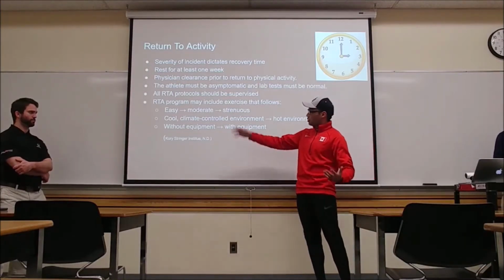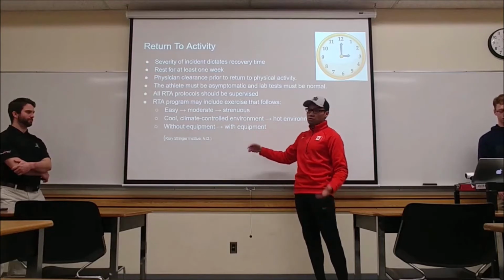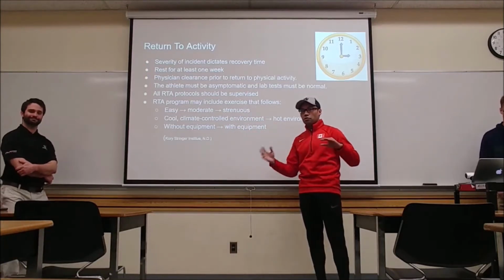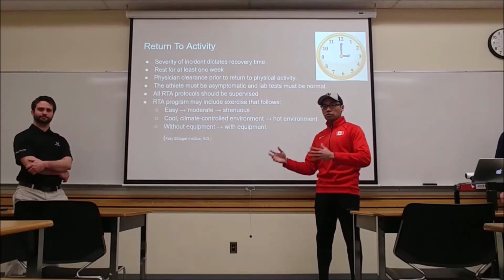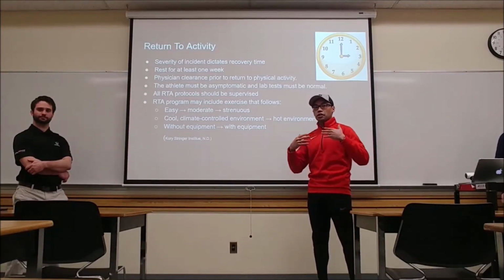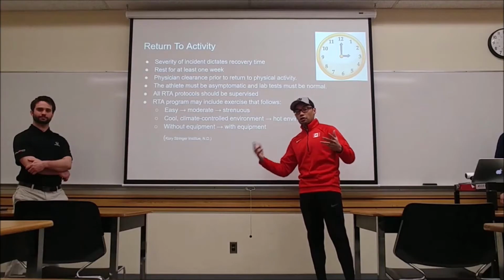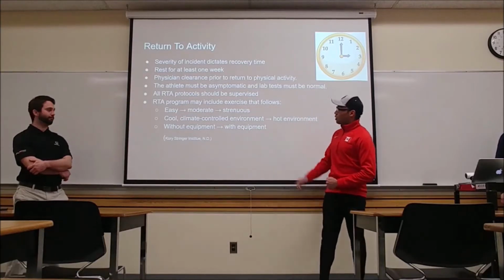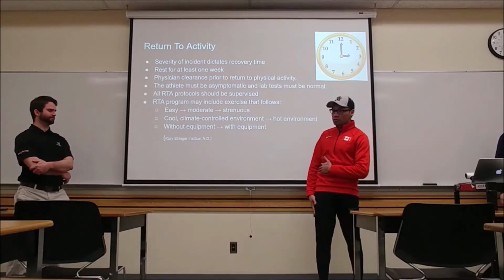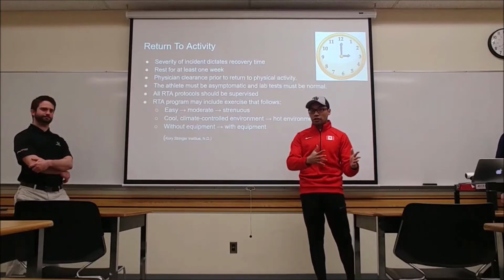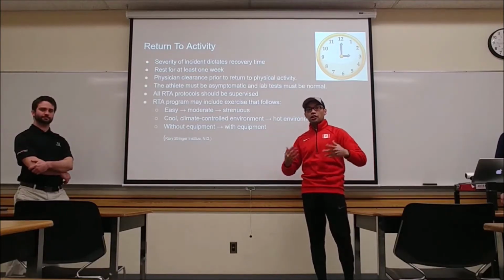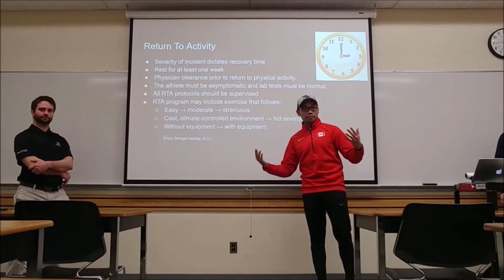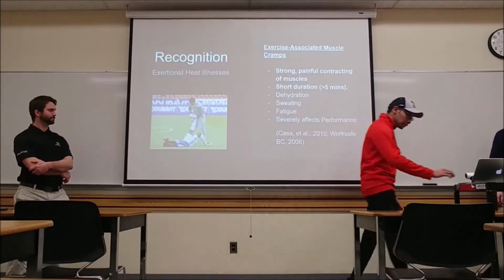Next one is acclimatize, from a cool, climate-controlled environment, something that is cool towards body temperature, to something that is not really hot, but to a high temperature. Next one is training without equipment, and then transferring that to training with equipment, as we all know that training with equipment causes the body to heat up more than without.